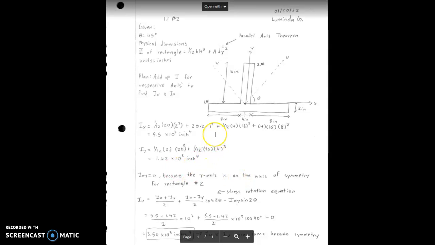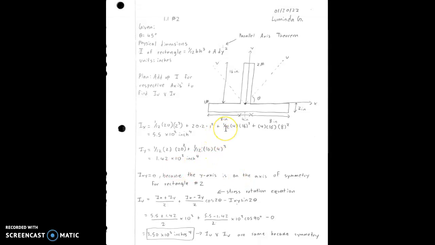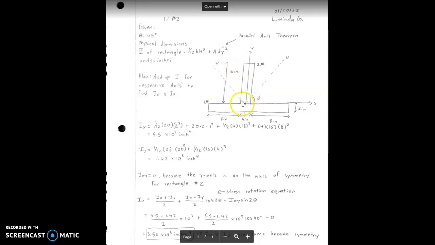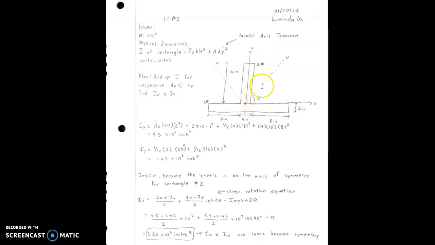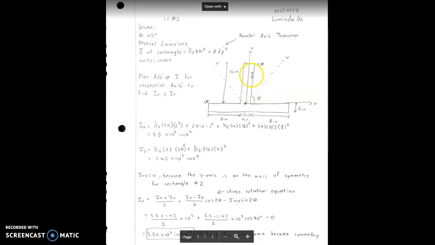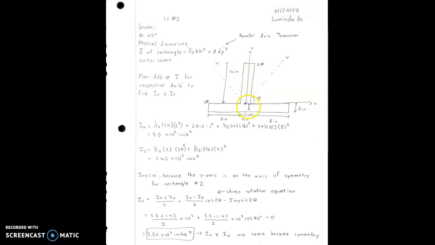Basically, you use these stress rotation equations to determine the transfer of stress, or the moment of inertia in this case, which we would need because it is a transformation. We found our moment of inertia for our y and x, but since we want to find it for this v and u, it's like we're rotating the axis, so that's why we would use the rotation equations.